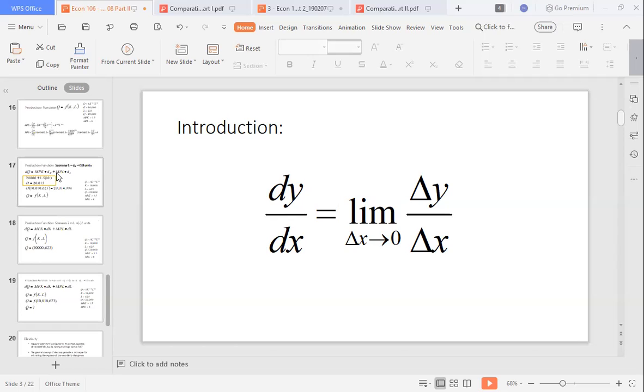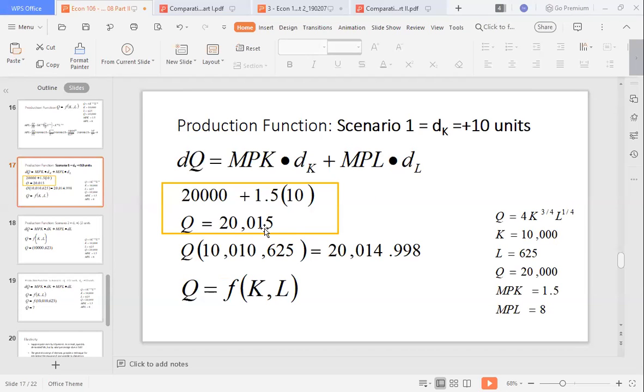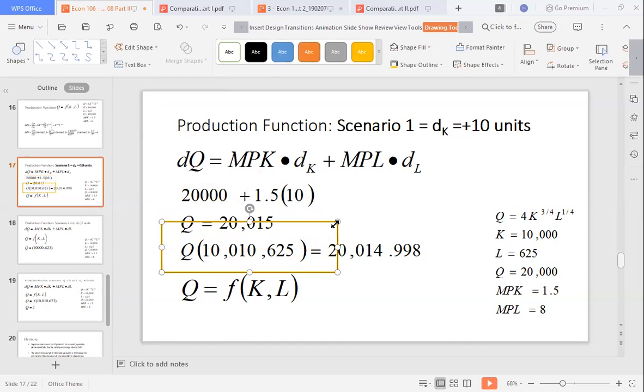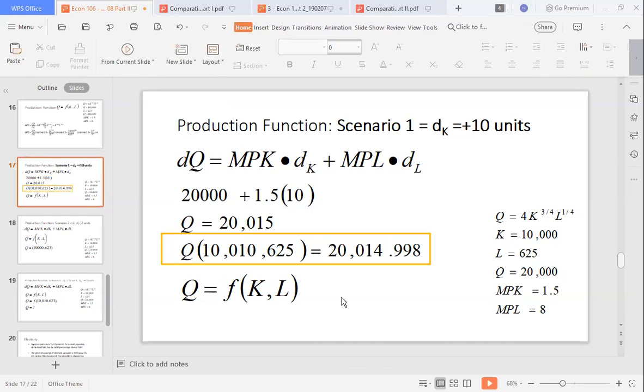So 20,015 could be considered as not a good approximation, but in this case, this one is your actual, or is considered as a good approximation to the total differential of Q, meaning this is the actual change of Q if you will increase K by 10 units in the production.